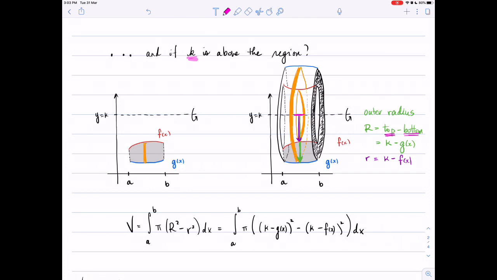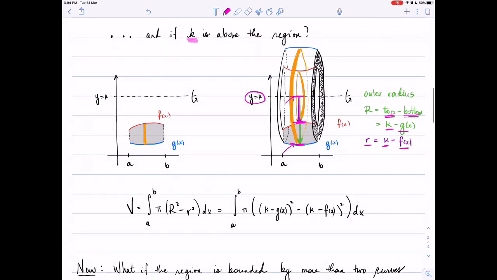The top value of the radius is the axis of revolution, y equals k. And the bottom value is the function value. So for the small radius, the inner radius, we have k minus f of x. And for the outer radius, the radius in green here, top value minus bottom value, top minus bottom gives us k minus g of x.